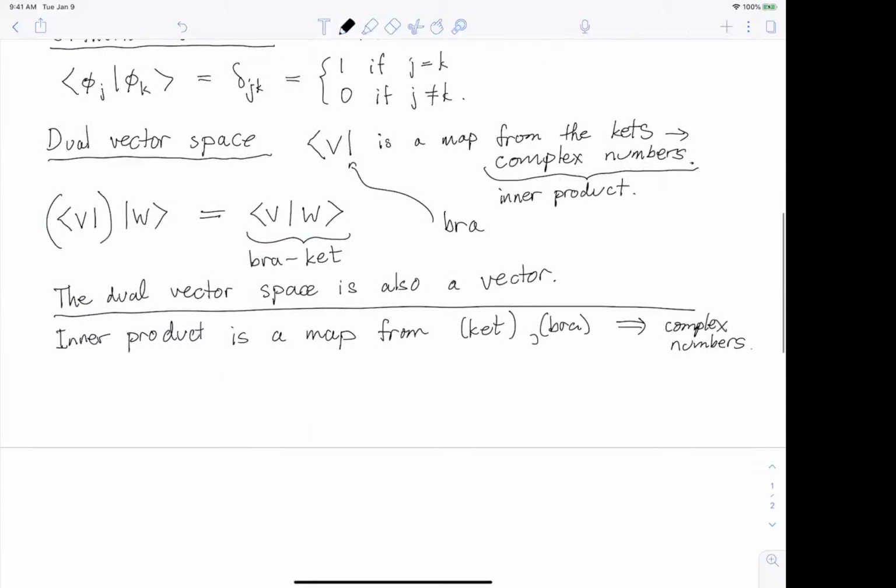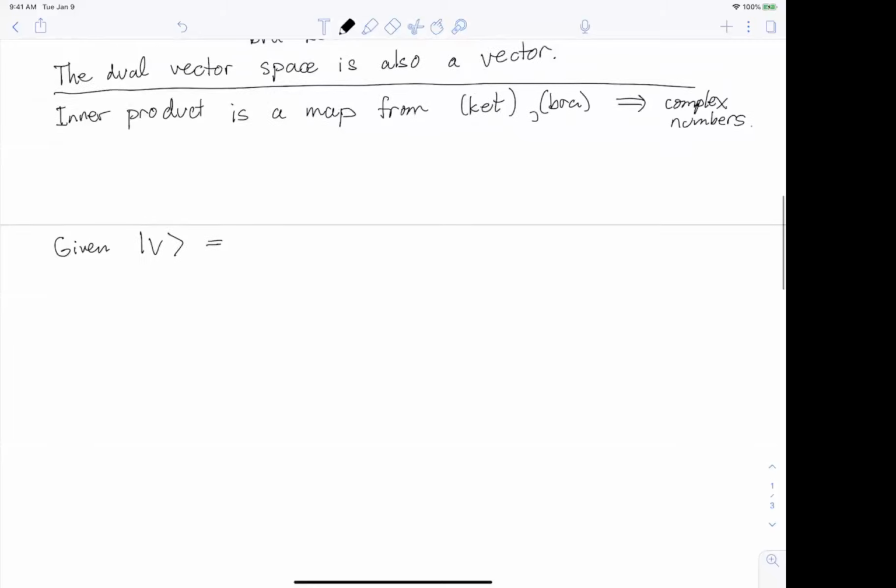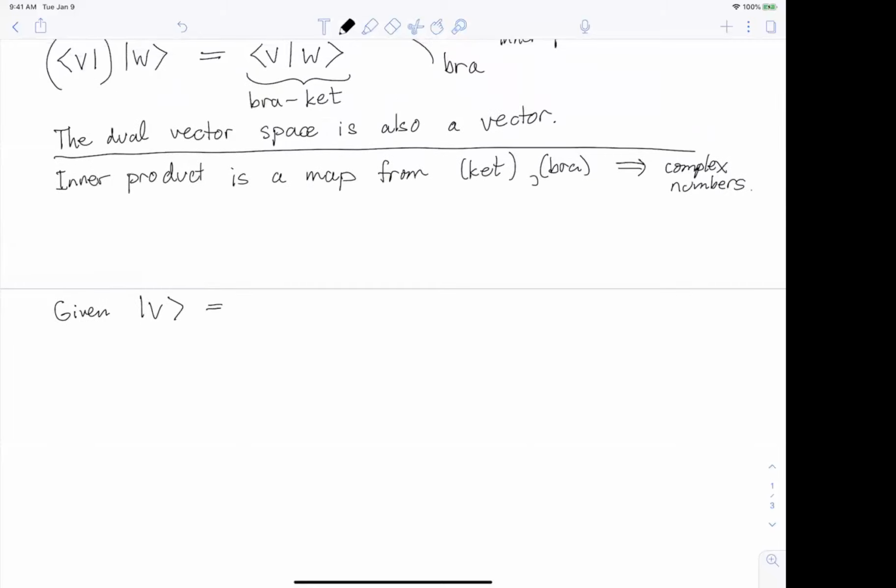All right, so let's say I'm given two vectors, let me call them V and, I'm sorry, W. Professor, yes, go ahead. You mentioned inner product is a map from ket and bra. Does that mean you're reversing it? So it's really, in a sense, all the same map. It's just that given a ket, I can make a bra out of it.